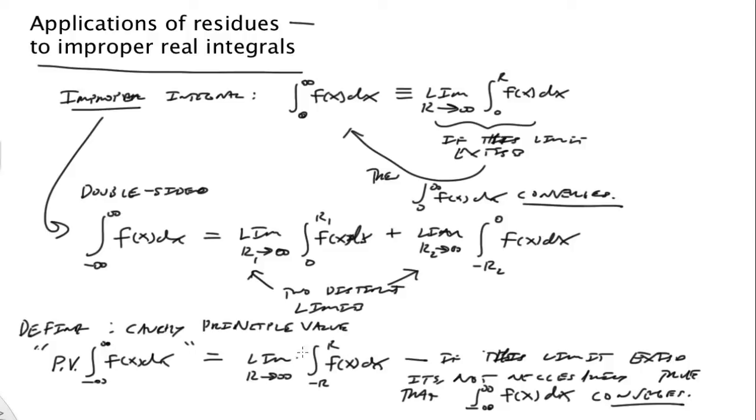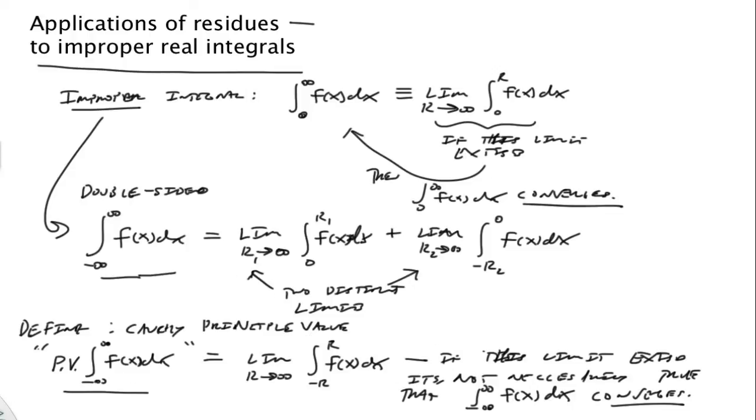What happens is, if f of x is an odd function, say, whatever advance I make in the r direction, we make some subtraction in the negative r direction, which cancels perfectly. In which case this limit would exist, the principal value would definitely exist, but it wouldn't equal the double-sided integral, which would actually not exist at all. It wouldn't even be defined.